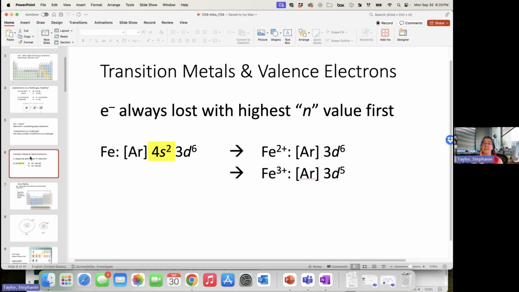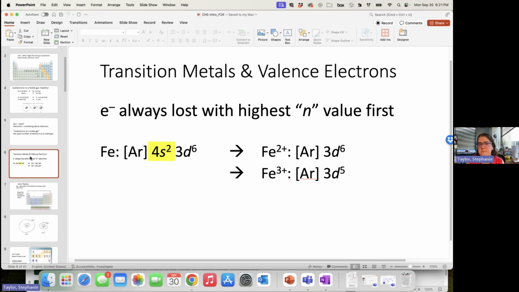This in my notes is one slide. Now granted, technically, this was also a slide very similar to it for the first exam, but this is one slide where it says electrons are always lost from the highest value of n first. We're going to lose valence electrons out of the highest value of n. So when we're looking at iron, you're going to lose those two 4s electrons first before anything else.